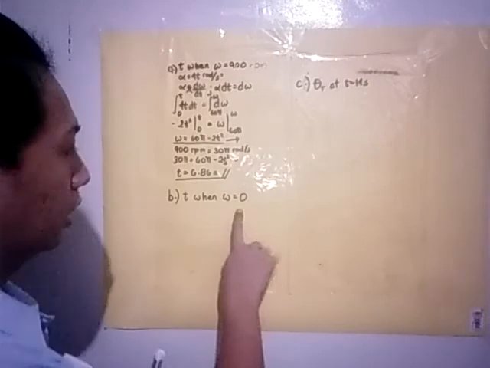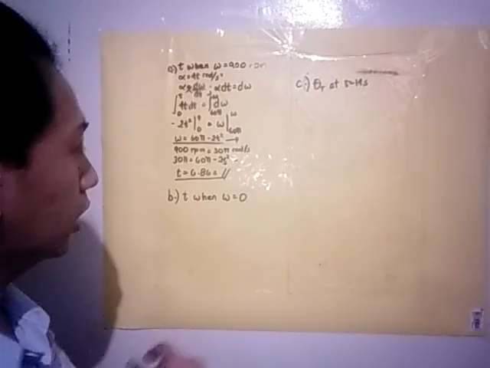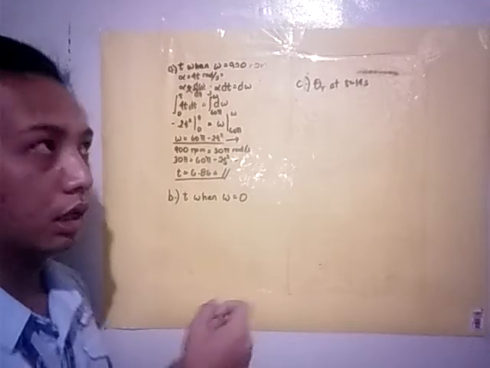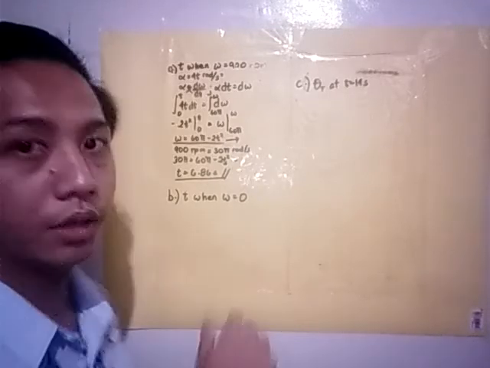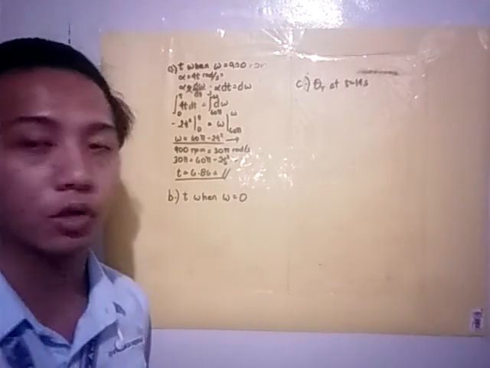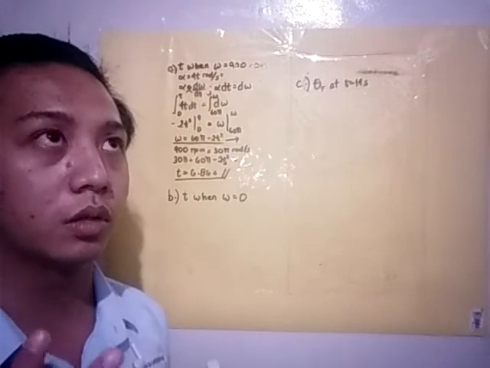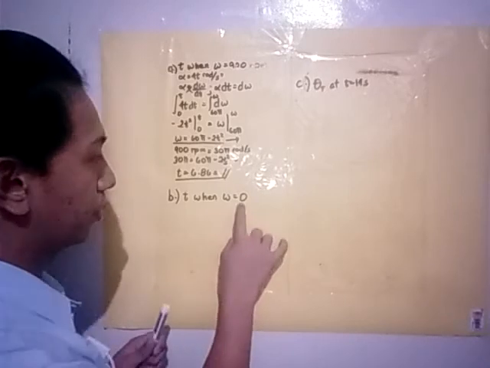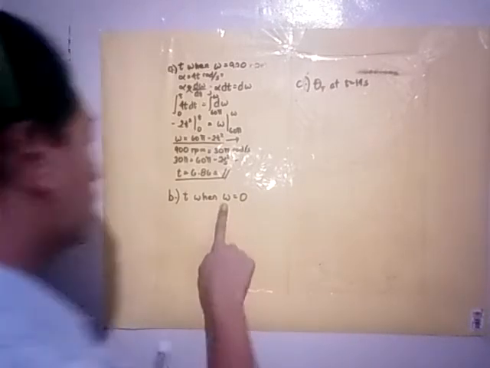I assume that when our angular velocity is 0, that is also the time when our rotation reverses. So, I use omega is equal to 0.